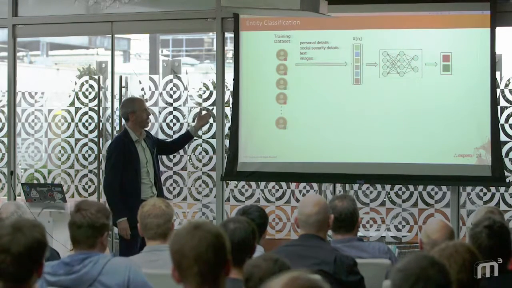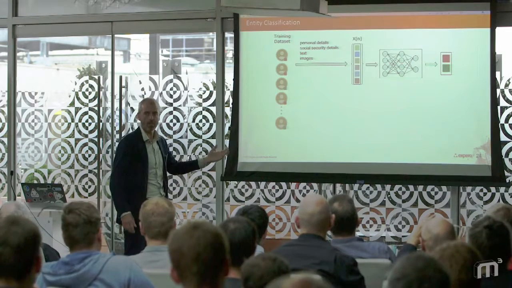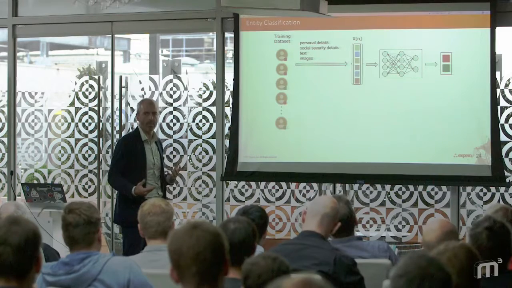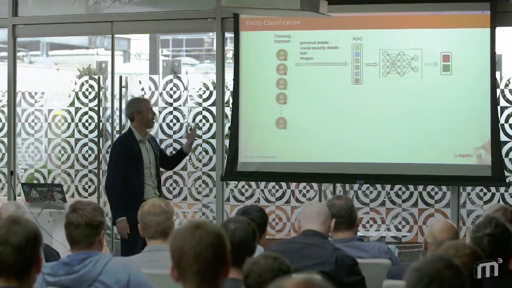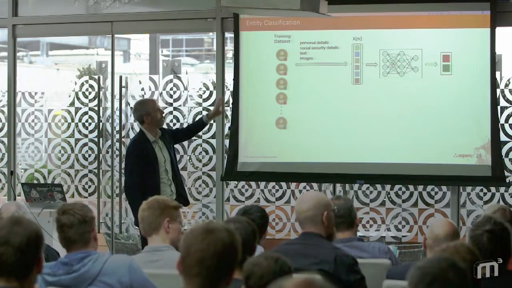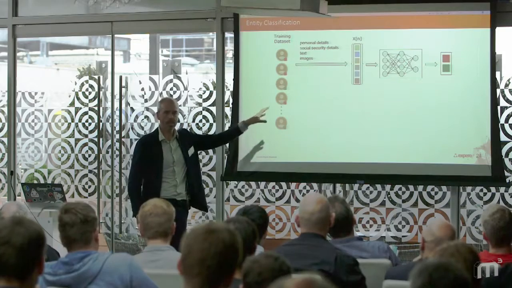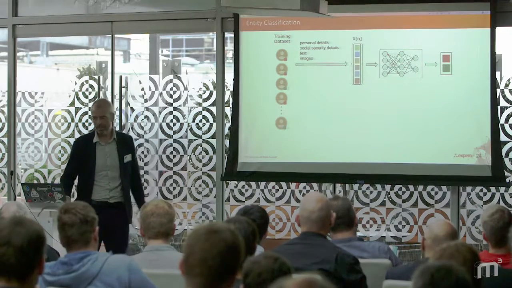For example, the personal details, social security details. We might mine text associated with those accounts to pull out similar things from bios. We might actually use images from those accounts, but the key point here is we'd be limited to treating these things in isolation in order to build features to train a system.